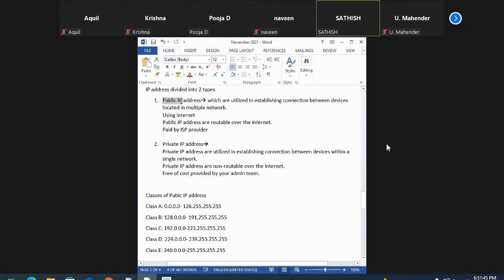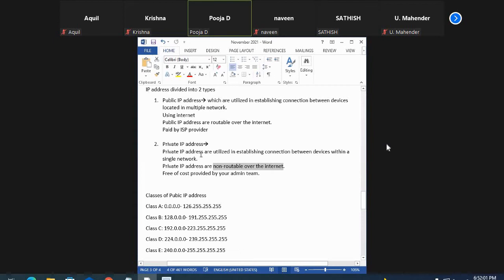So that is possible with a public IP address only. With a private IP address, you can't search anything on Google, means it's not taking your query on the internet. So that is non-routable over the internet.